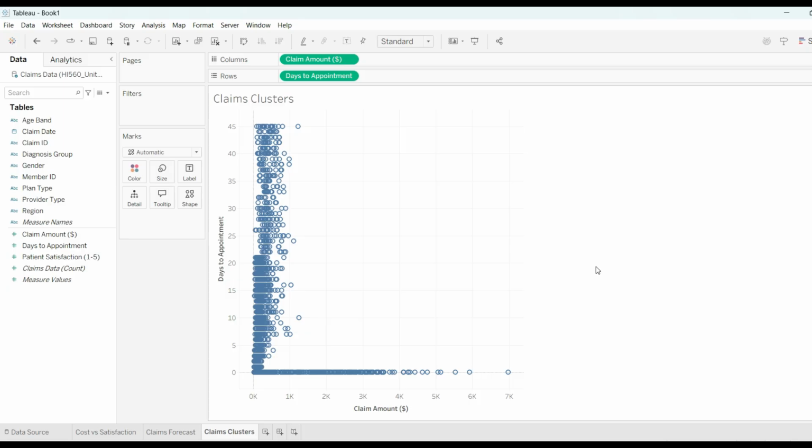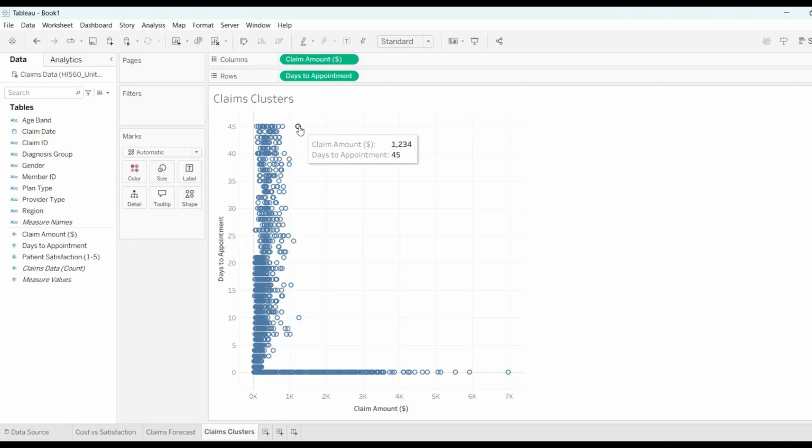All right, before we cluster, let's look at our scatter plot. You probably see some visual groupings. There are some visual groupings happening here. There's likely a cluster of points at 0 days to appointment, emergency and urgent care visits that didn't have a wait. There are points with moderate wait times, moderate cost. So there may be some high cost, high wait outliers.